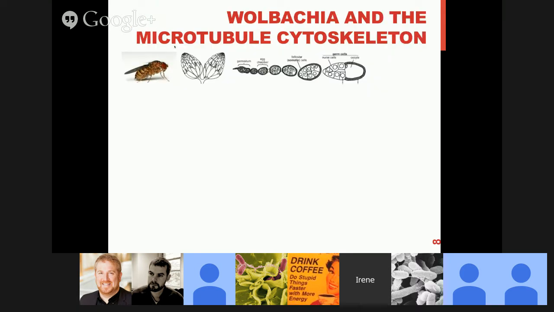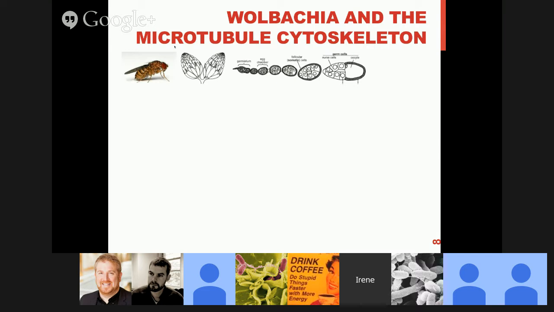Now, previously, lots of research had been published focusing on Wolbachia and the microtubule cytoskeleton. So what I'm showing you here is if you take a female Drosophila and you dissect the ovaries, you'll see these two kind of bunches of grapes. That's what this tissue looks like.